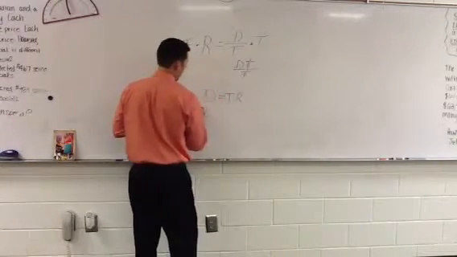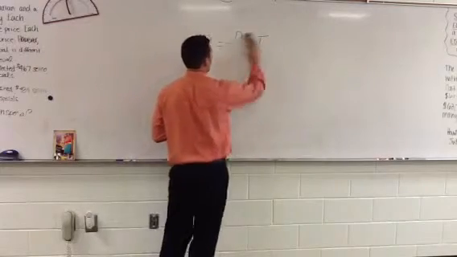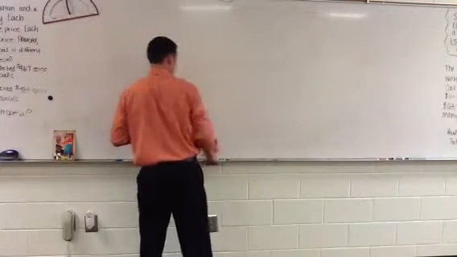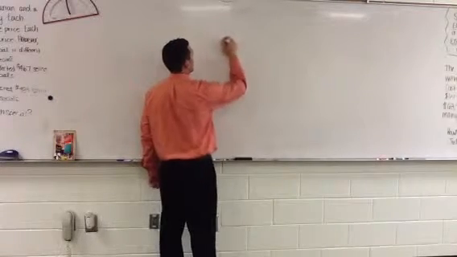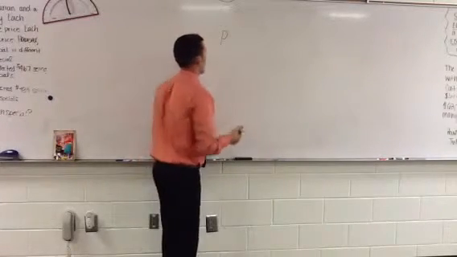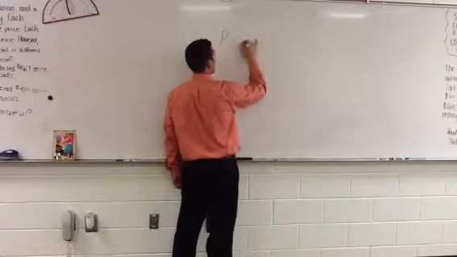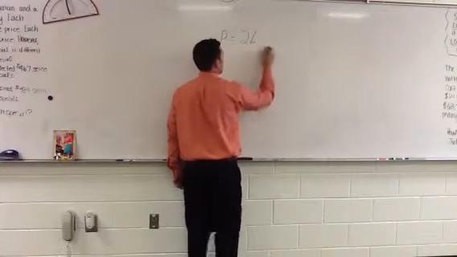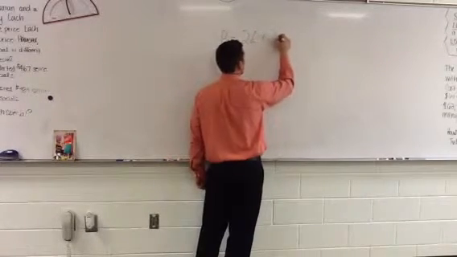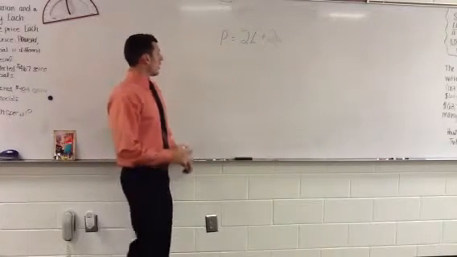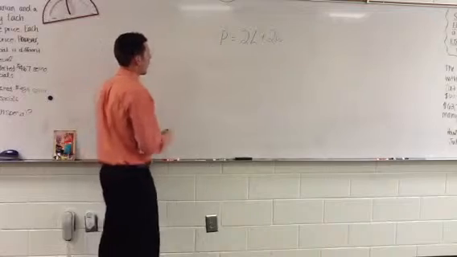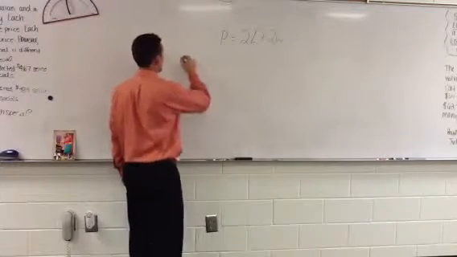Let's look at another one that might not be as familiar. Let's look at the equation for the perimeter of a rectangle. That is 2 times the length plus 2 times the width. So let's say that we have a perimeter of, let's go 80.